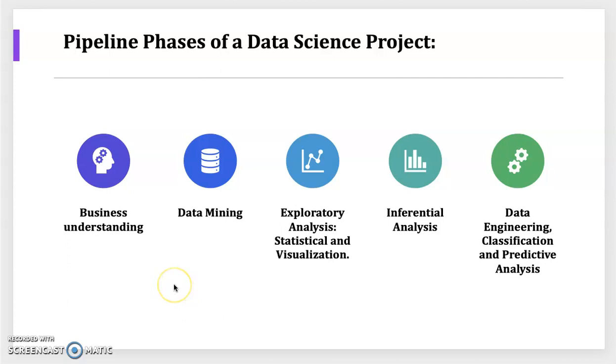Phases of a data science project. The first thing is business understanding. In business understanding, the objective of the project has to be determined. Then we will do the data mining. The data has to be garnered for the project. Then we need to do the exploratory analysis.